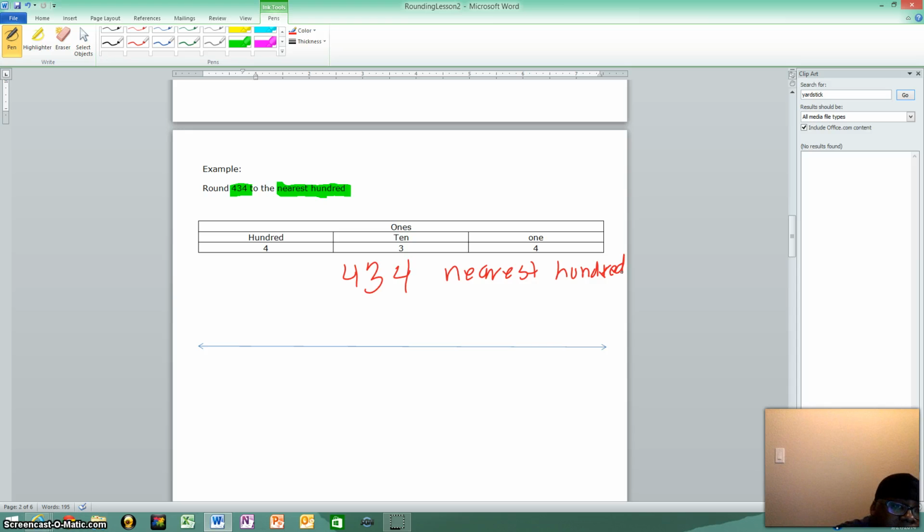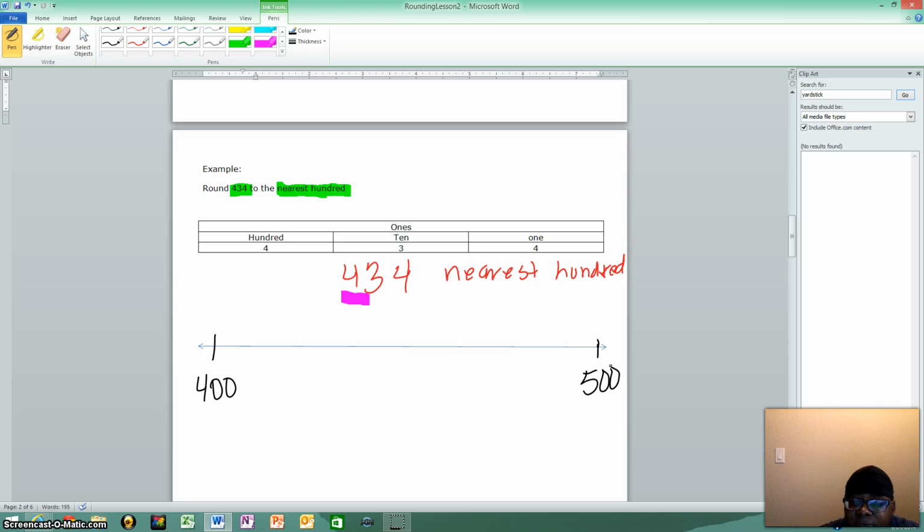We're going to underline our rounding digit. Now, 434, we're counting by 100s. If we're counting by 100s, 434 is between 400 and 500.